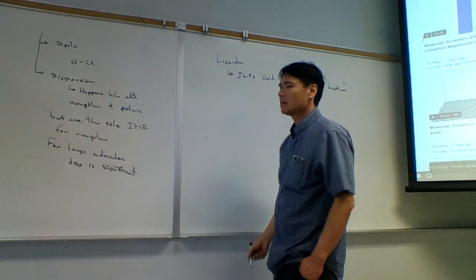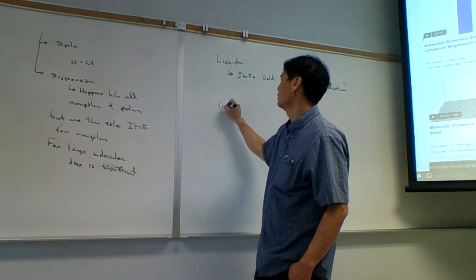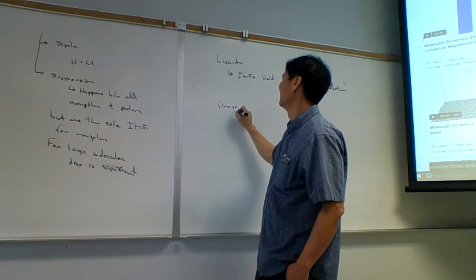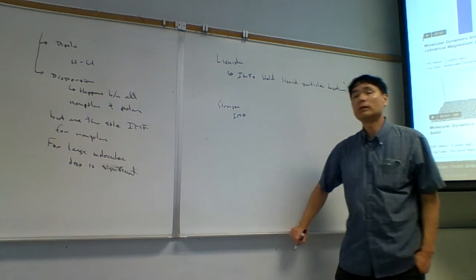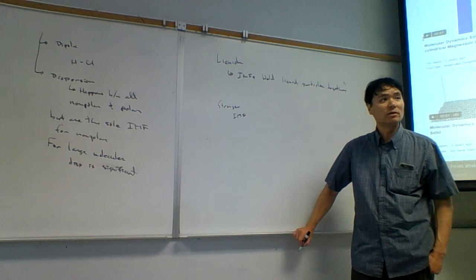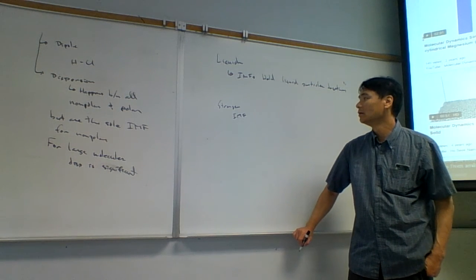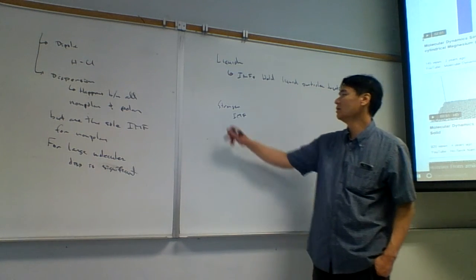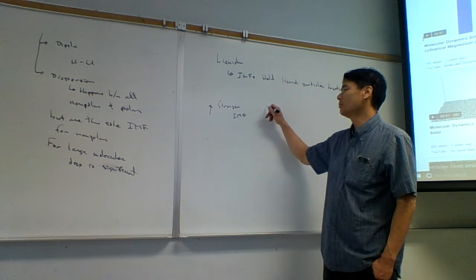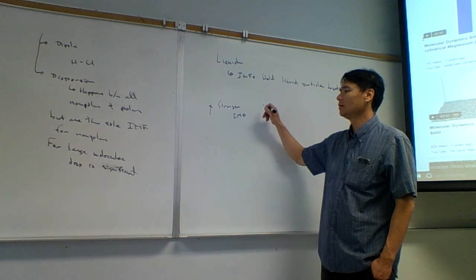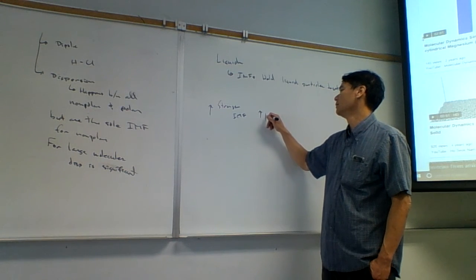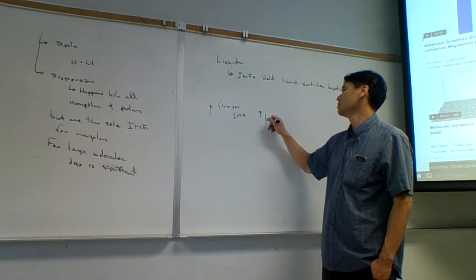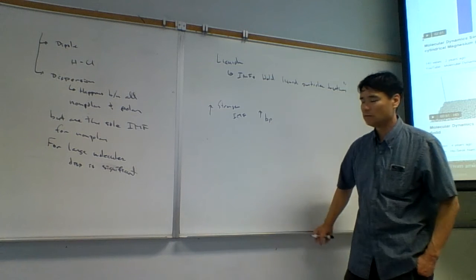This is basically what you need to know. The stronger the IMF, the higher the boiling point or the lower the boiling point? Higher. So it's going to boil at a higher temperature.